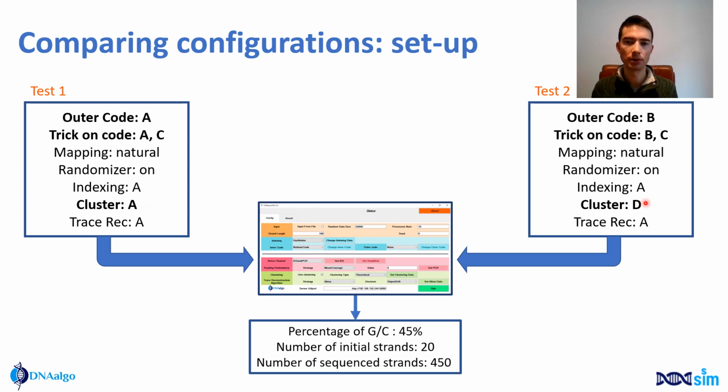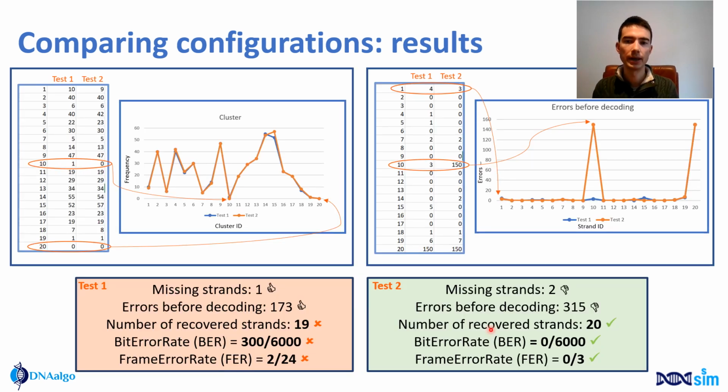We insert all these options inside our GUI by taking care that some basic requirements are respected, such as the percentage of GC, and we obtain a certain number of DNA strands, which is 20 in this case. We can analyze the outputs.